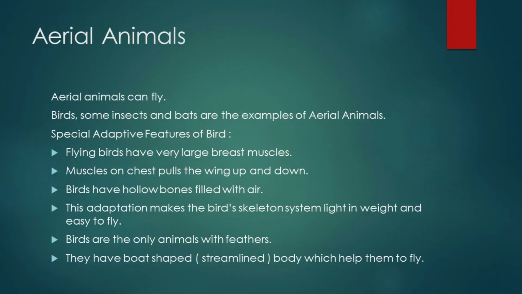Now next is aerial animals. We all know aerial animals can fly, like birds. Some insects and bats are examples of aerial animals. The special adaptive features of birds are: flying birds have very large breast muscles. These muscles on the chest pull the wings up and down.